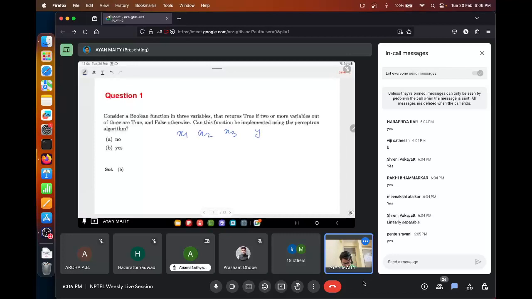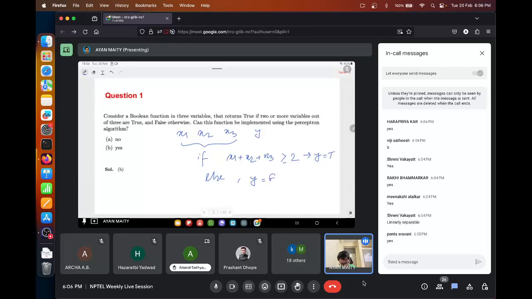So the function is x1, x2, x3, and y is the output. When at least two of these three variables are true, then y is true, otherwise false. So we can simplify this classifier like this: if x1 plus x2 plus x3 is greater than or equal to 2, then y will be true, else y is false.